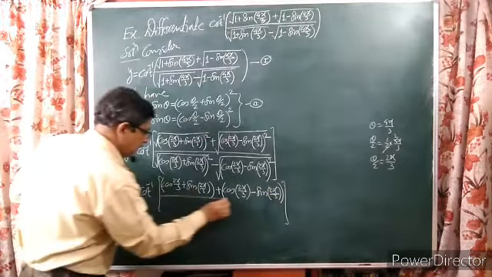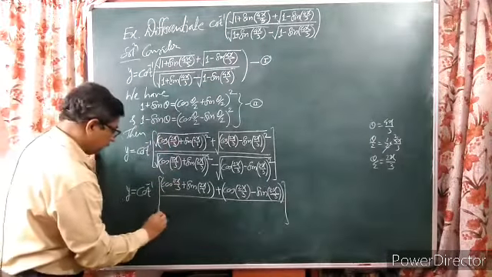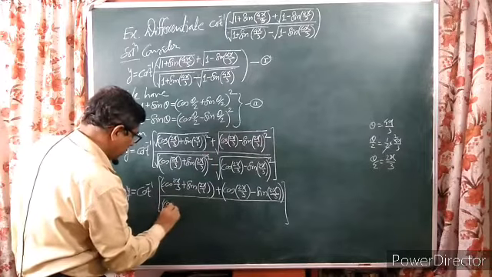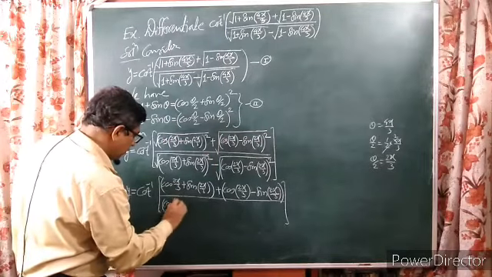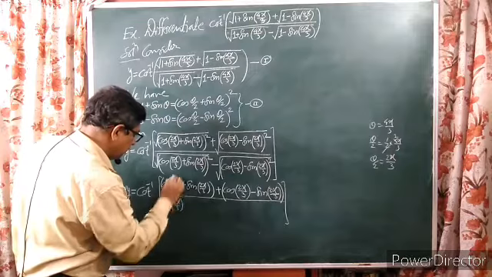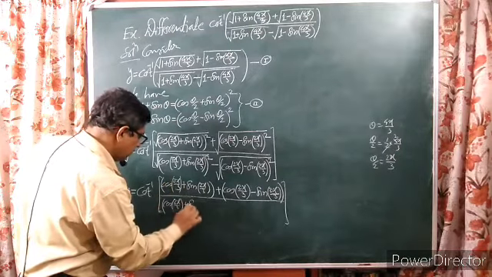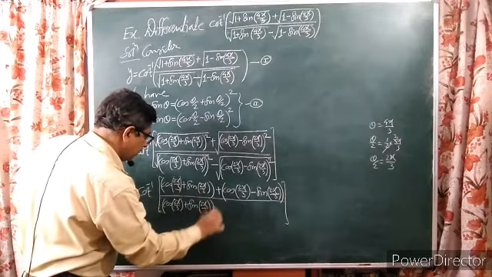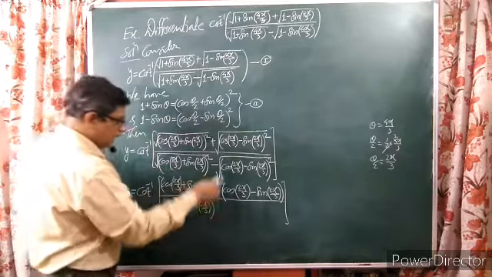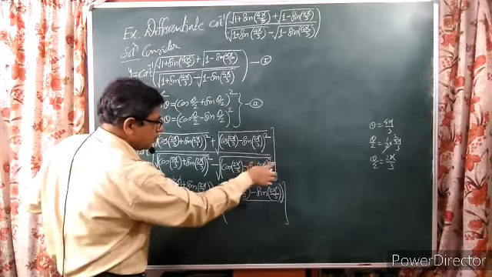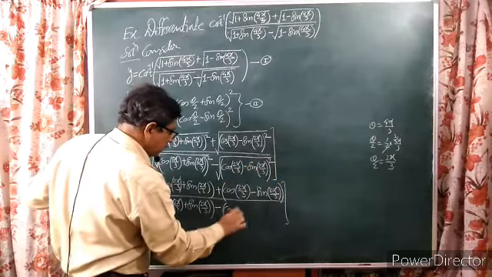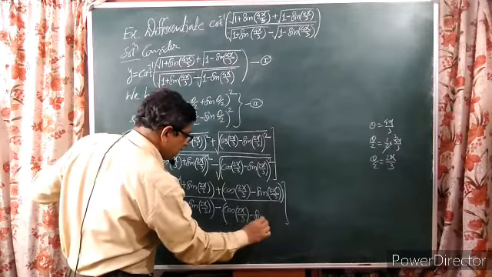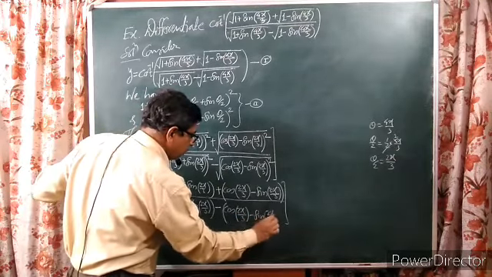It is divided by, here square and square root get cancelled, we are getting cos of 2x by 3 plus sine of 2x by 3 from the first bracket or first term minus here also square root gets cancelled, cos of 2x by 3 minus sine of 2x by 3.